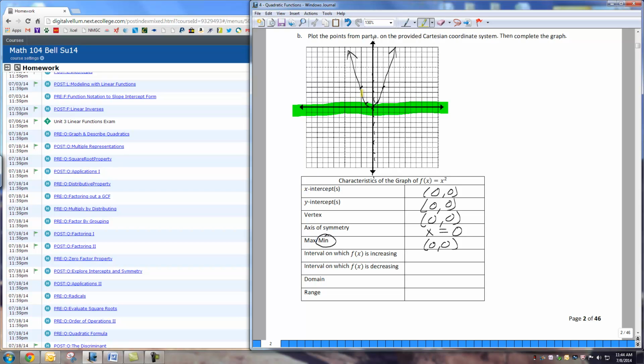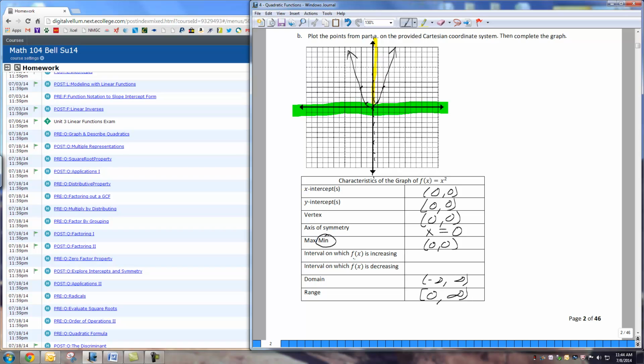And the range is all y values, which starts here at 0 and goes up from there. So our domain, the x values, is -infinity to infinity. And our range includes 0, so we put a bracket on it: bracket 0 to infinity.